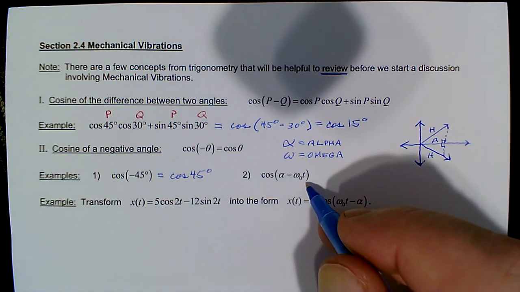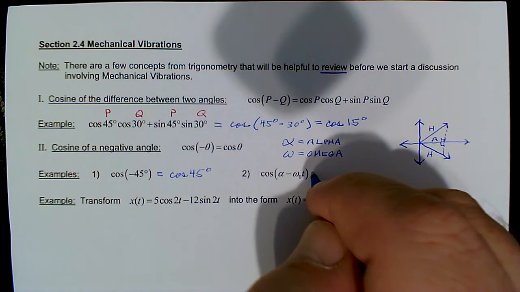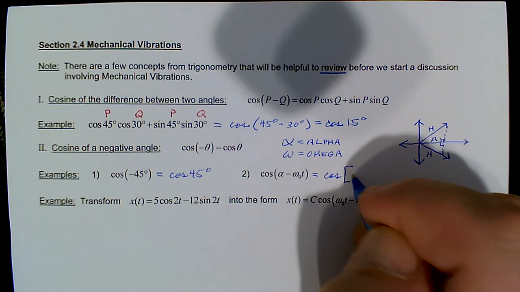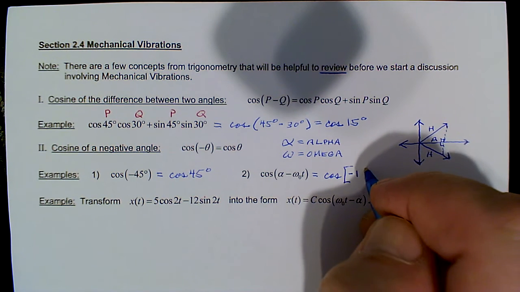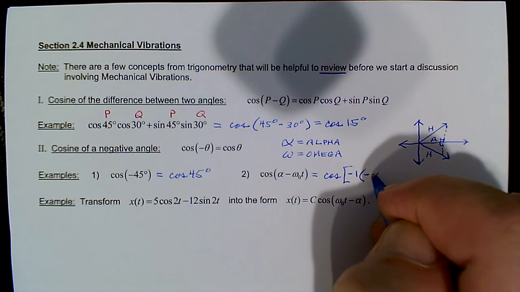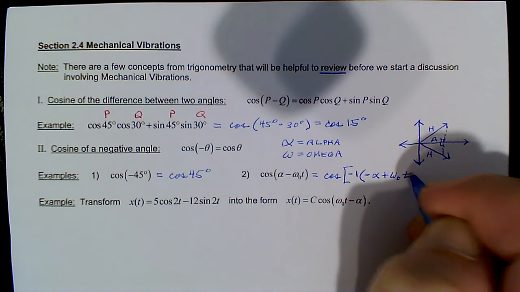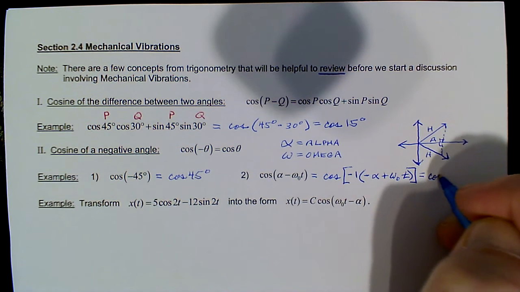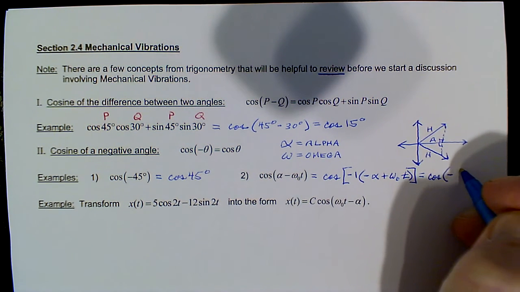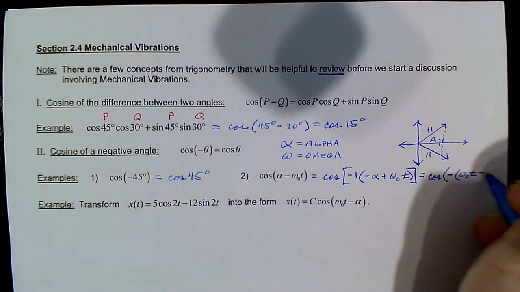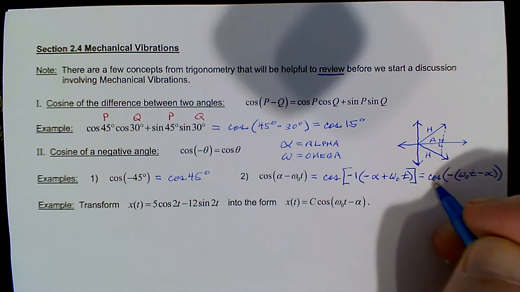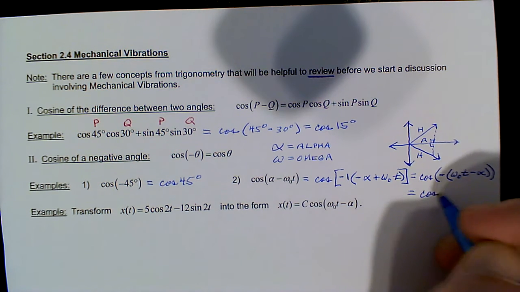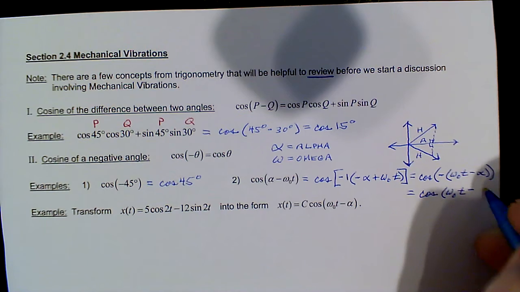What we're going to be able to do is reverse these, because we could say this is the same as the cosine of, if I factor out a negative 1, negative alpha plus omega sub 0 t, and then go further to write it as the cosine of the negative of omega sub 0 t minus alpha. Now it's fitting the form of cosine of minus this angle, so that's the same as the cosine of that angle, omega sub 0 t minus alpha.